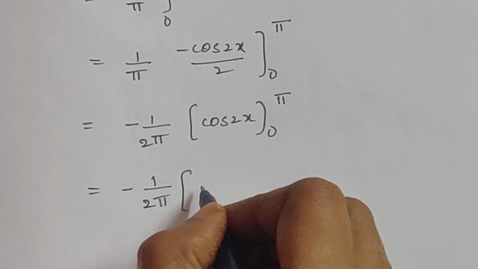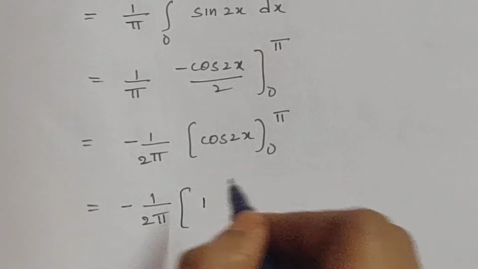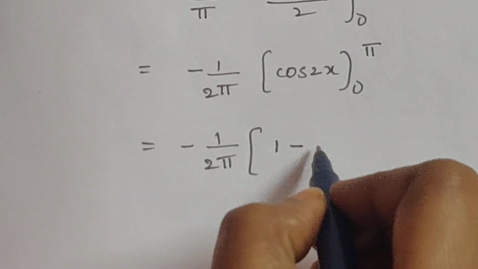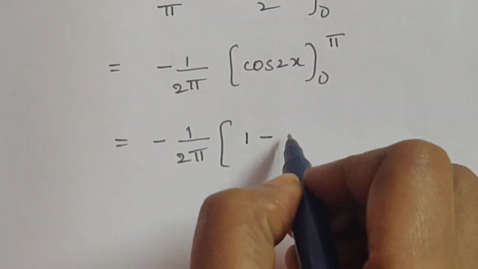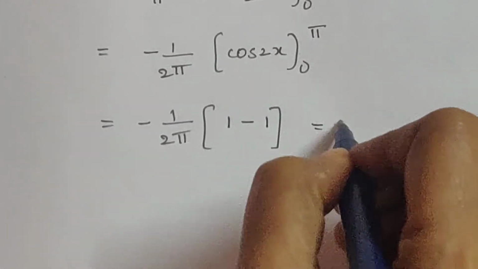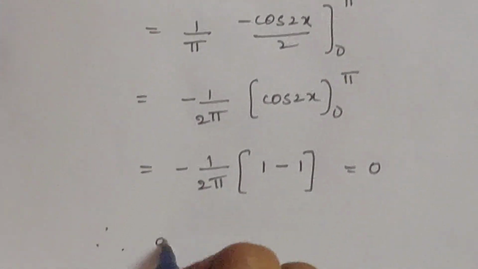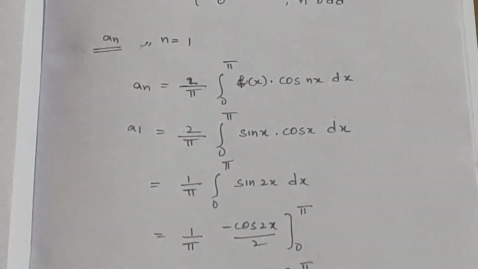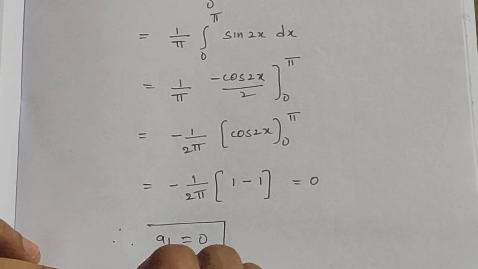Here cos 2 pi, the value is 1. And here minus cos 0, the value is 1. So a1 equal to 0, in particular for n equal to 1.